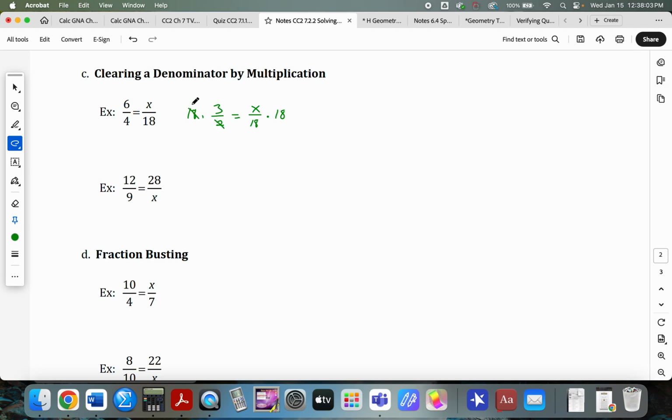Two goes into 18 9 times, and 9 times 3 is 27. It has the same effect as cross multiplying, but it's all right there together. You don't have to multiply and then divide. All the numbers are right there together, and if you can divide easily, you do it. And if you don't, you do it later.